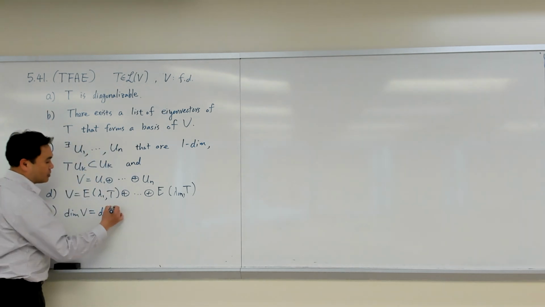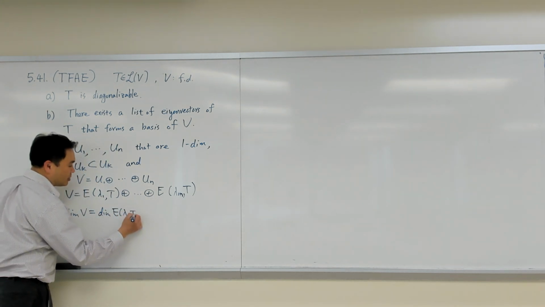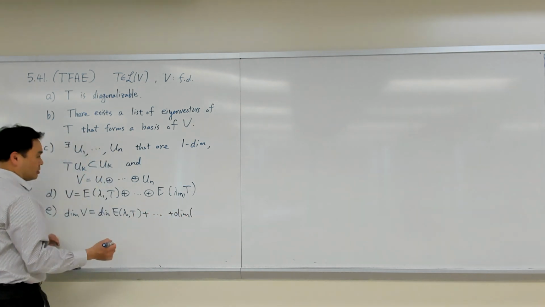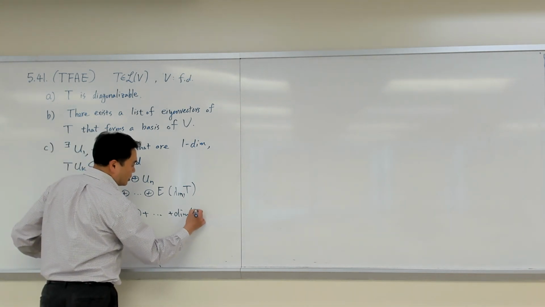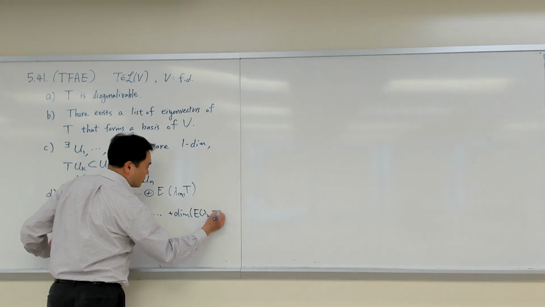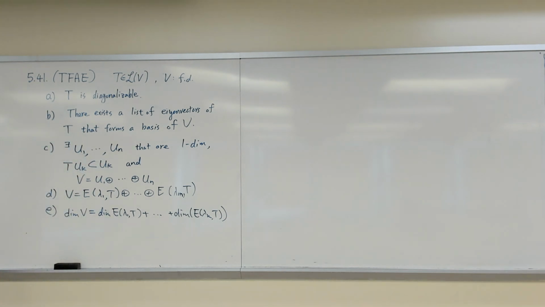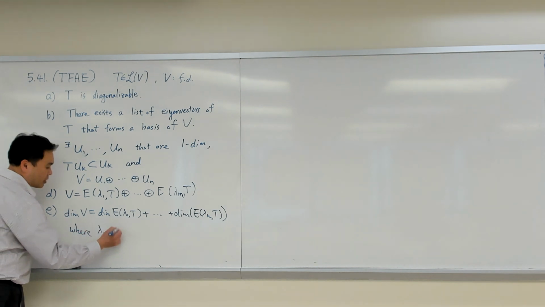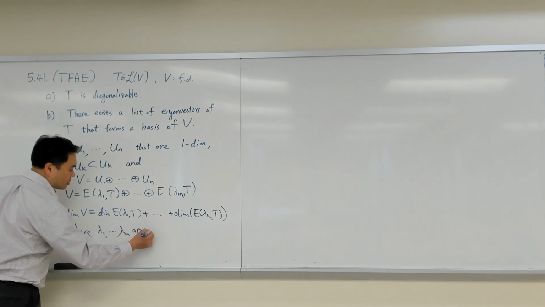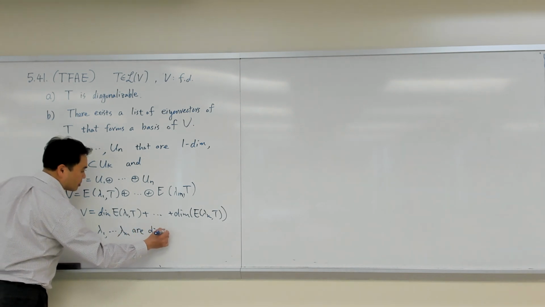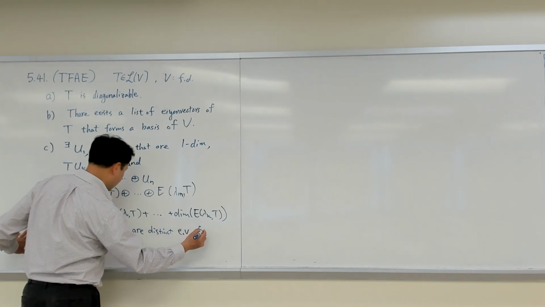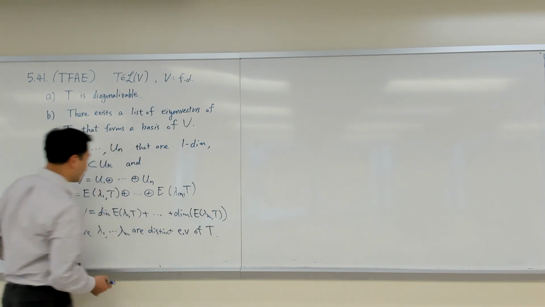So it's E of lambda 1, T through the dimension of E of lambda m, T. Okay. Where lambda 1 through lambda m are distinct eigenvalues of T. Okay.